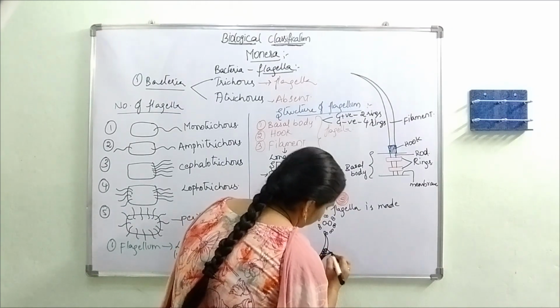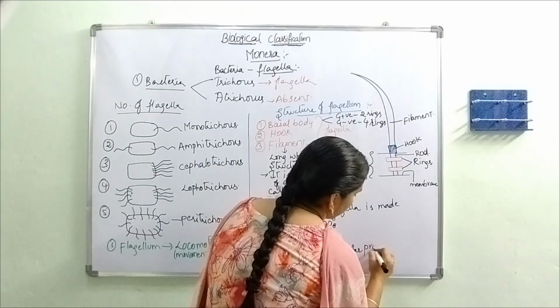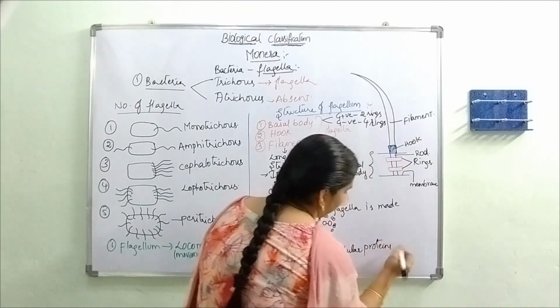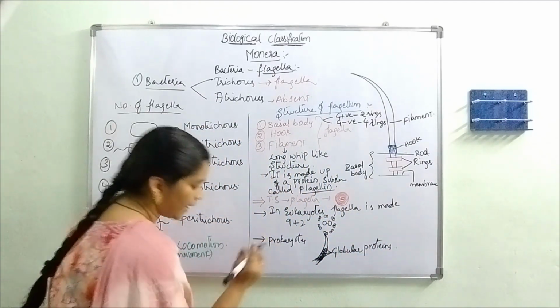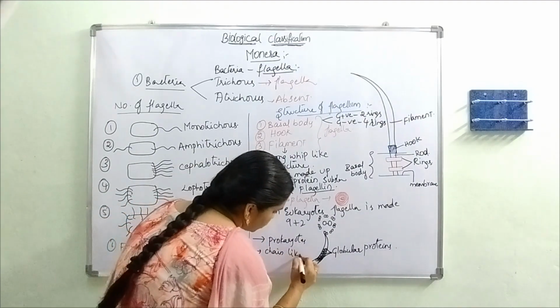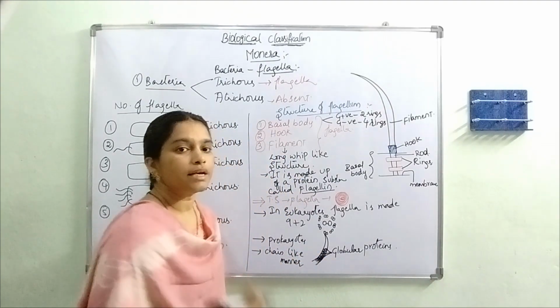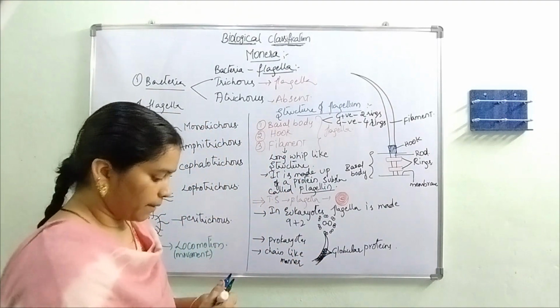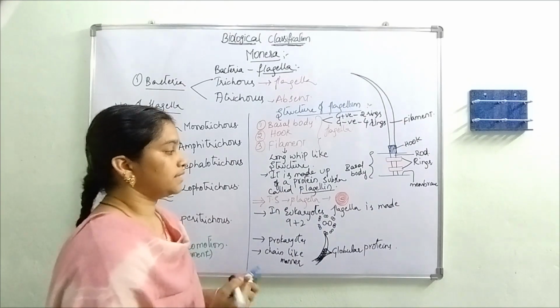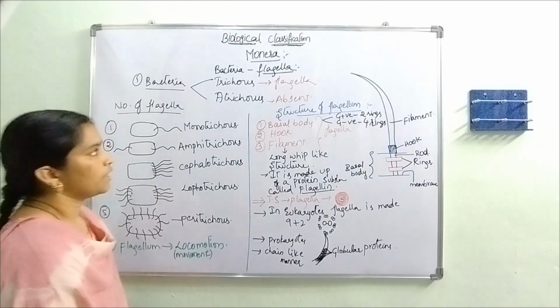These are all globular proteins, and these are arranged in a chain-like manner, which makes it flexible and strong. Okay, this is the lesson about the flagella.